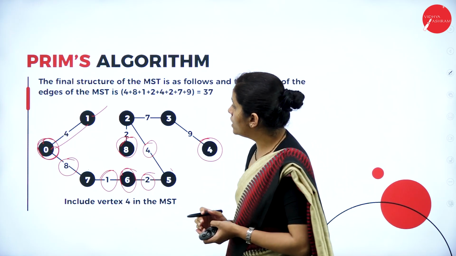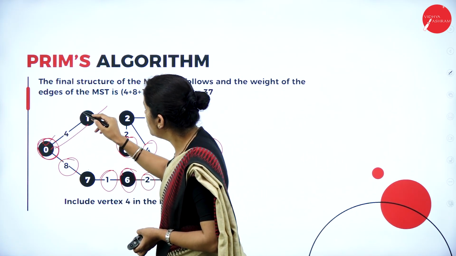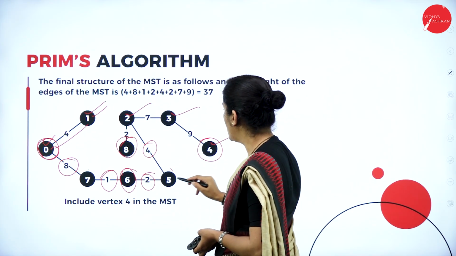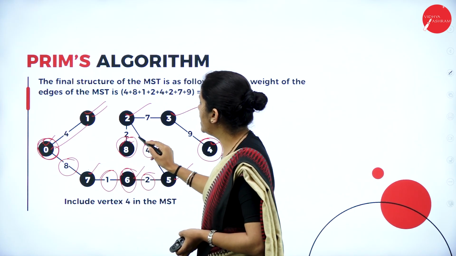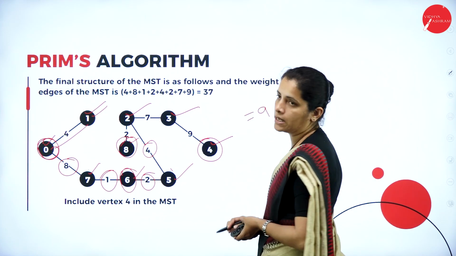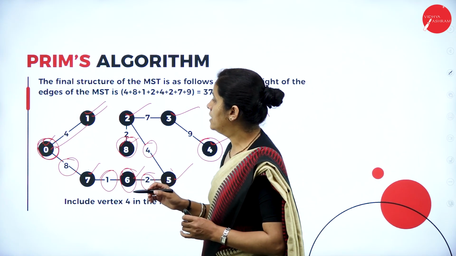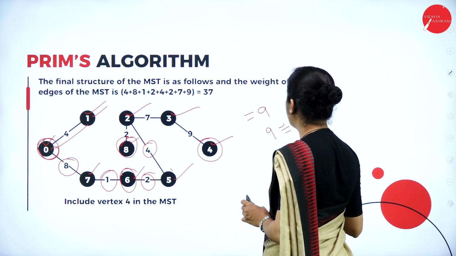So now let me count how many vertices I have. That is 0, 1, then 2, 3, 4, after that 5, 6, 7 and 8. So 0 to 8, there are 9 vertices. Then if there are 9 vertices, how many edges must I have?